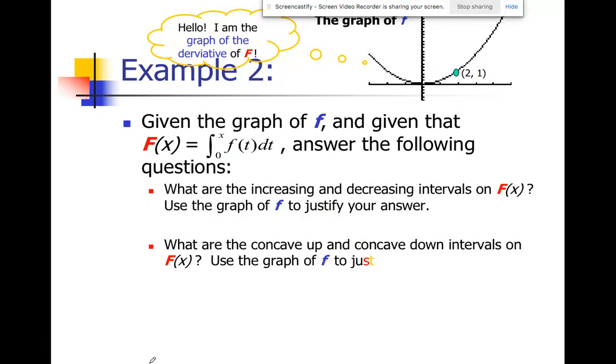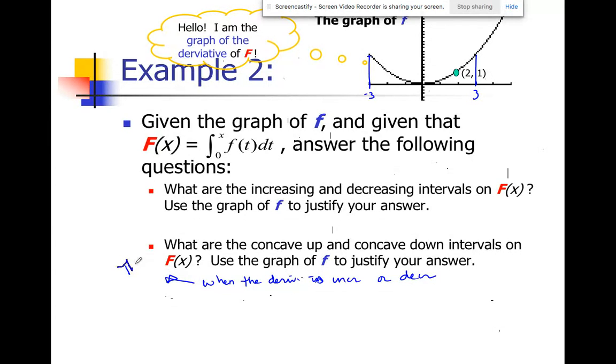What are the concave up and concave down intervals? And I know you're thinking I need the second derivative. No, you don't. I taught you how to read concavity from the derivative. From the derivative, what is the derivative doing? The derivative is increasing or decreasing. That's what you think. Then write.